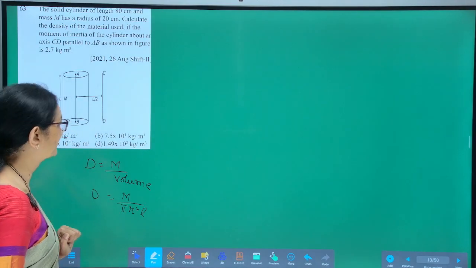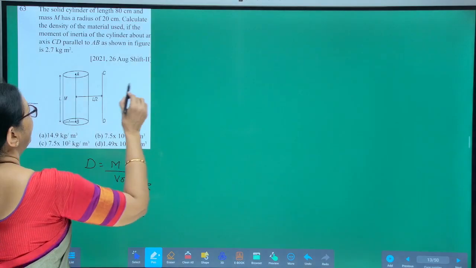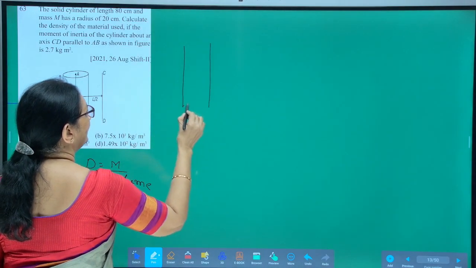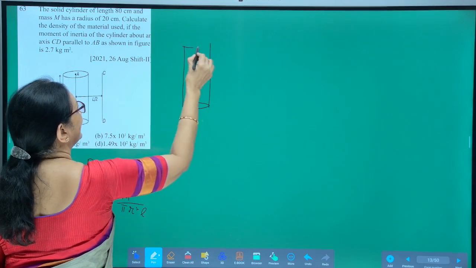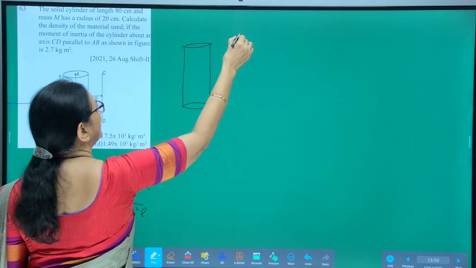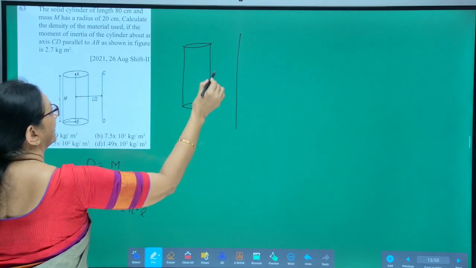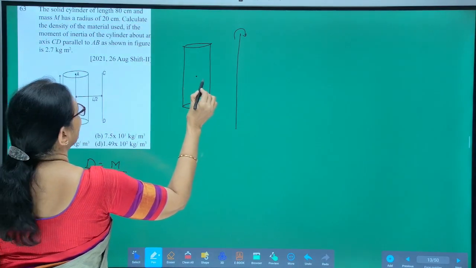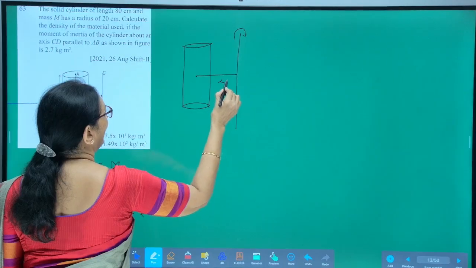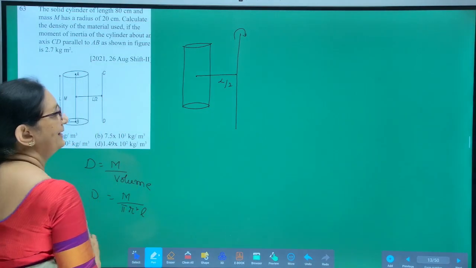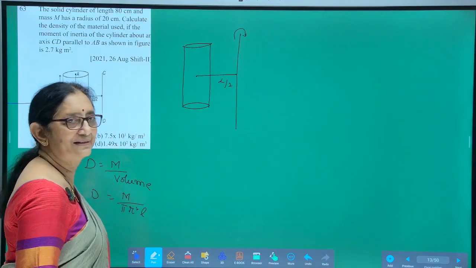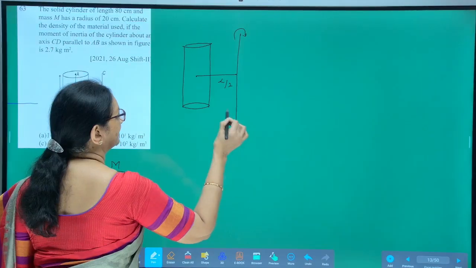Now let us do this problem carefully. Moment of inertia of this solid cylinder. Let this be a solid cylinder, and we want to find out the moment of inertia of this about this axis shown. And this is at a distance L by 2, where L is length of the cylinder given. So very obviously this axis is not passing through the center of mass.